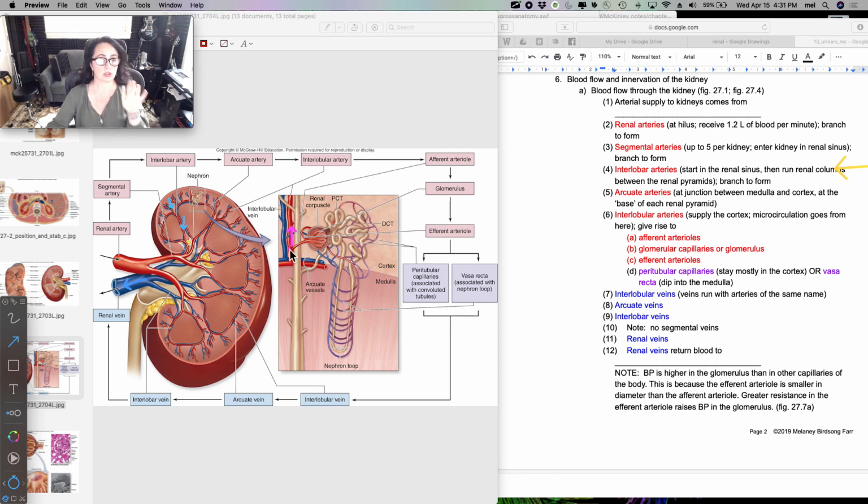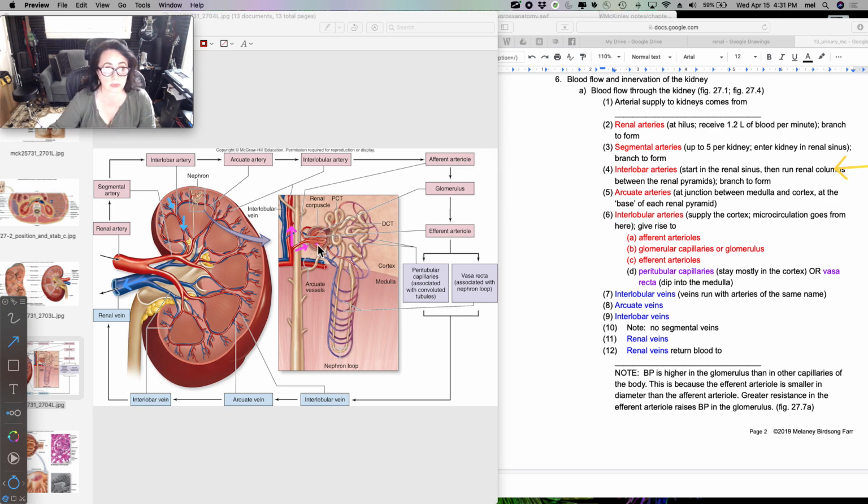The interlobular artery is what leads to the capillaries of the kidney via this vessel right here. This guy right here is leading from the interlobular artery, and that one is called the afferent, as in bringing to, arteriole. The arteriole is going to lead to this weird looking ball of capillaries called the glomerulus, right?